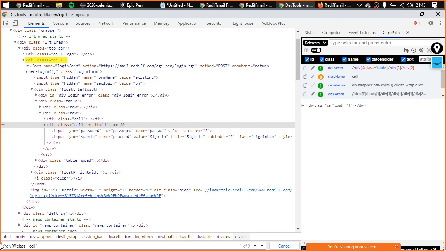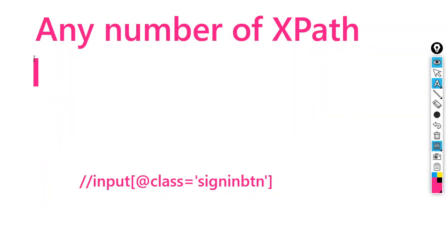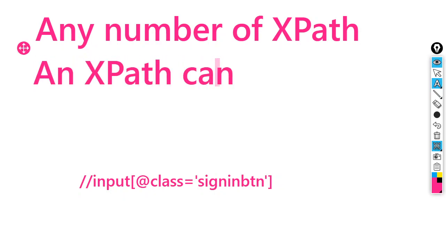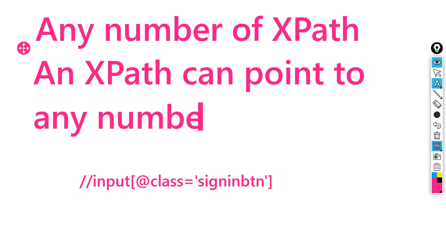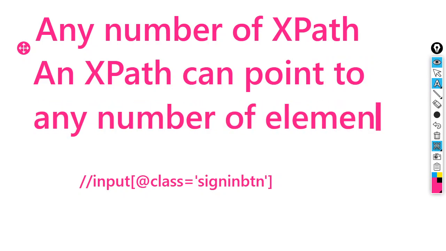All these 9 elements are sharing the same XPath. So this is also the thing. An XPath can point to any number of elements. There is no limit on this, right?